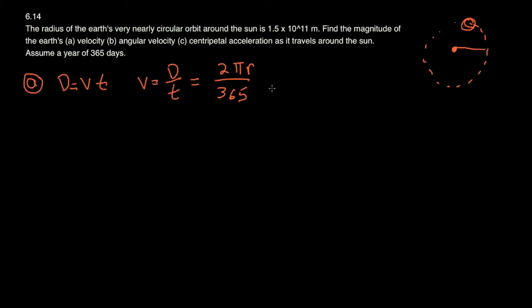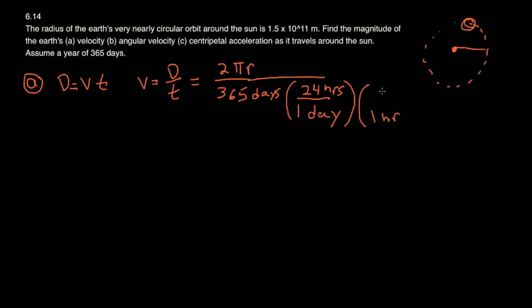But to put this in something that we can relate to, let's change this over to meters per second. So let's just convert this bottom. So 2 pi r over 365 days, and 1 day has 24 hours. And then in 1 hour, there are 3,600 seconds.